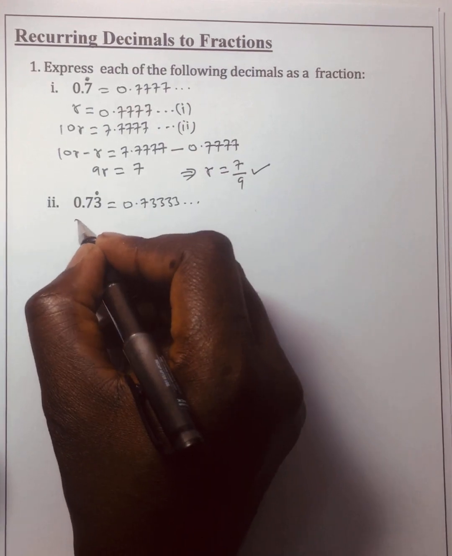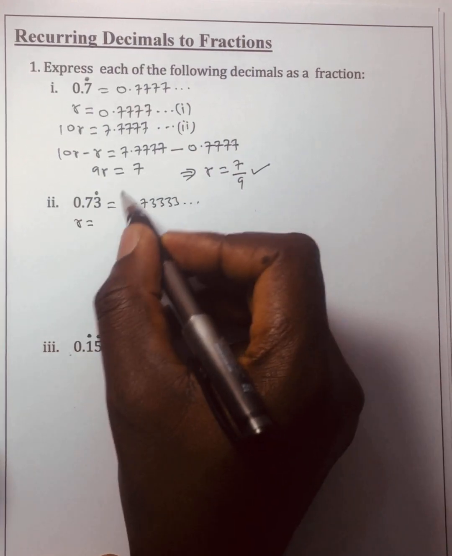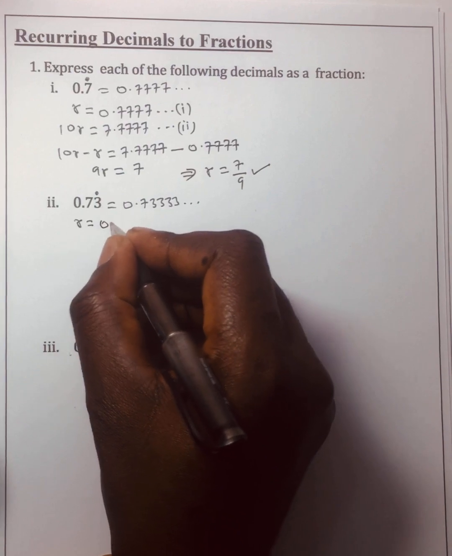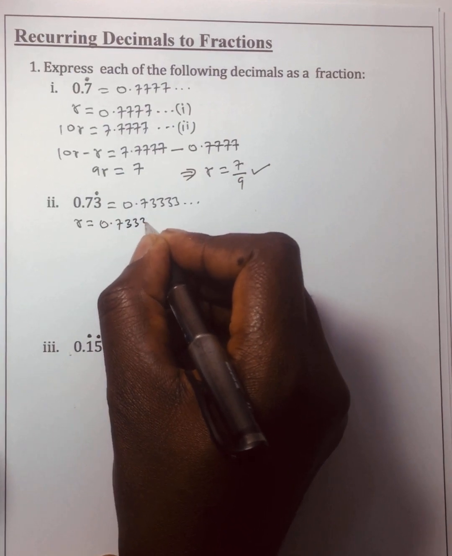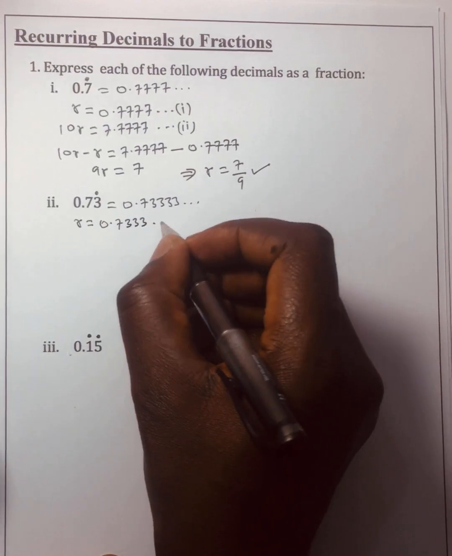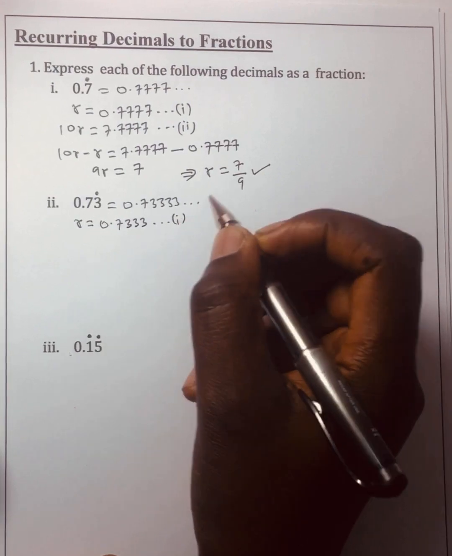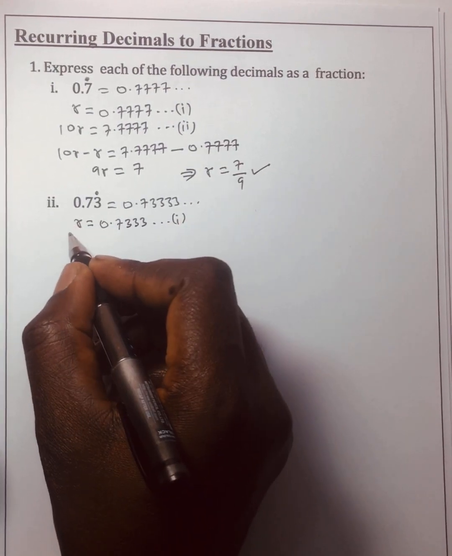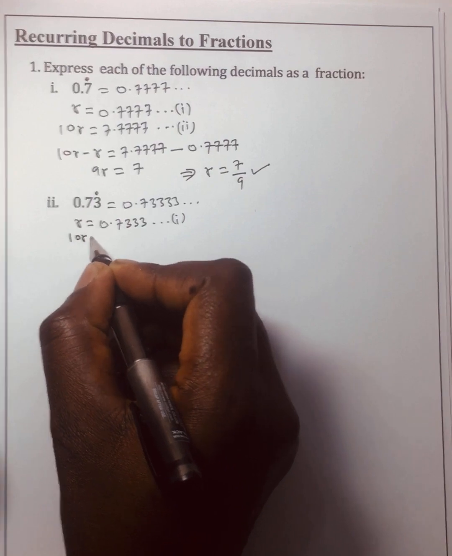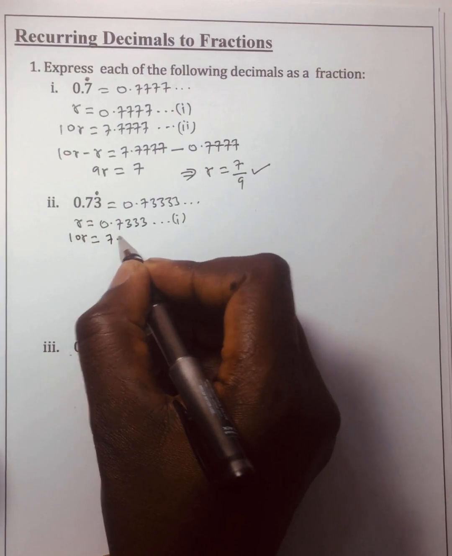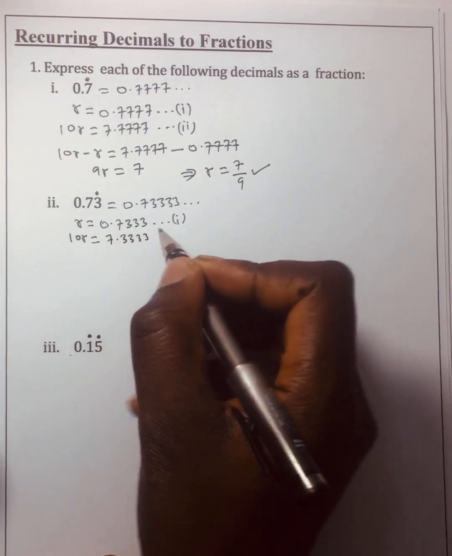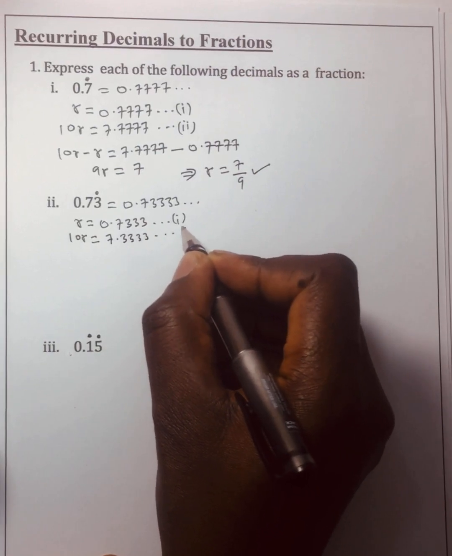So let the first value be r, and r is the number that we have there, which is 0.7333. We call that Roman 1. Then you get the next one by multiplying by 10. We have 10r is going to be equal to 7.3333. We call that Roman 2.